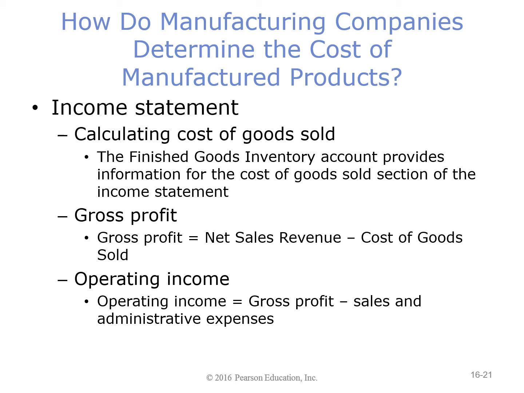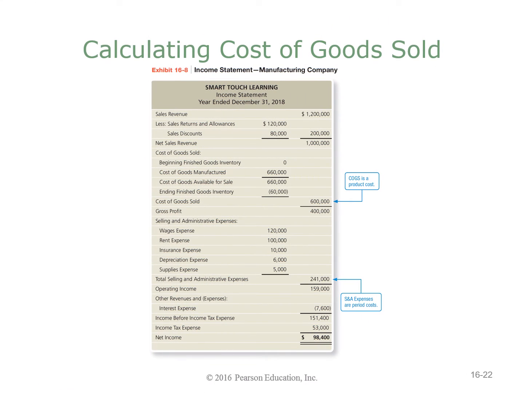And then we have the gross profit, which is the sales revenue minus the cost of goods sold, and we reach the operating income by subtracting selling and administrative expenses from the gross profit. This is the format of the income statement in a manufacturing company. We start with sales revenue minus sales return and allowance minus sales discount, and we get the net sales.